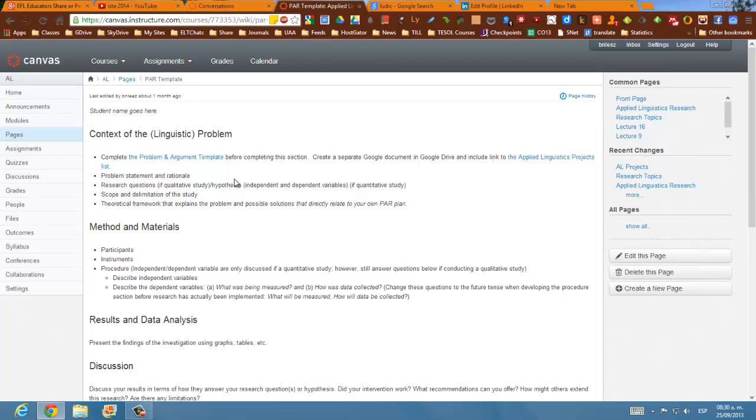So you'll build an argument around gamification or a specific game that you have in mind. And the idea is that you are able to find primary research articles, other researchers who have already looked into this problem and have already researched games, and you can draw on what they have found and compare and contrast what other authors have said.